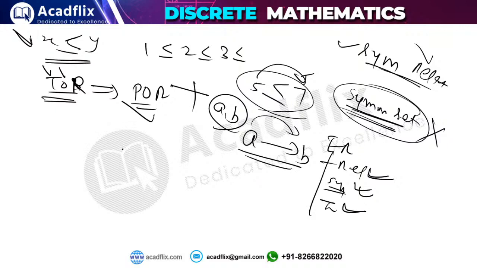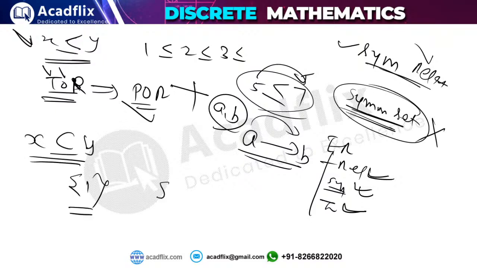But in our subset example, x is a subset of y, you can check that some elements are not related, neither this is related to that, nor that to this.